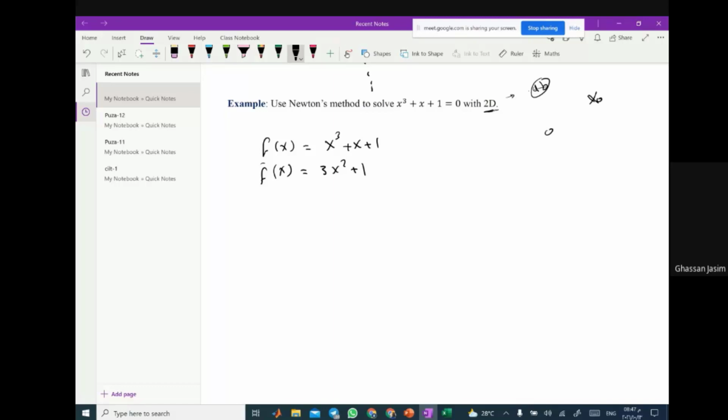Look at me. If we say x naught equals 0, let's substitute: f of 0 will be 1.